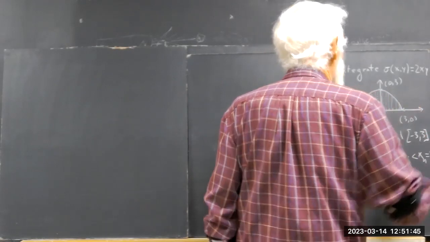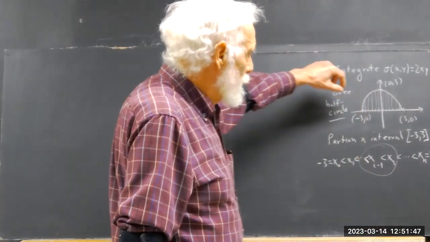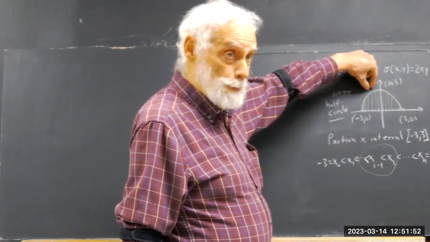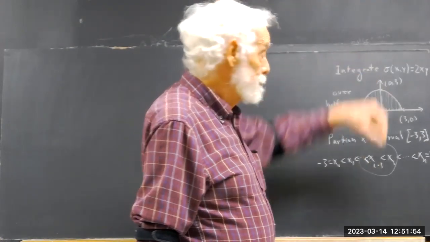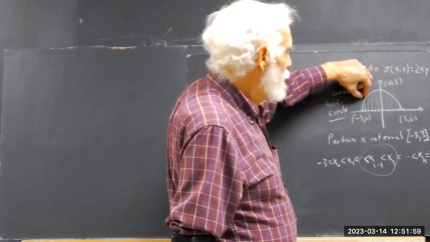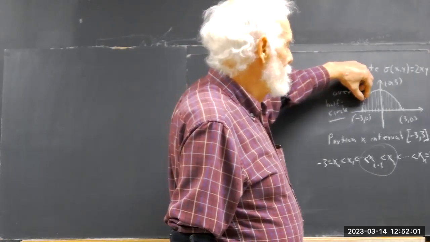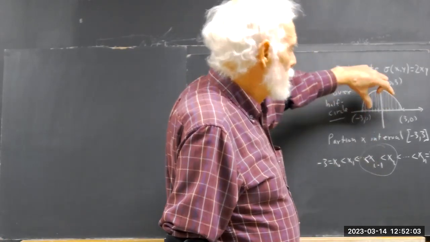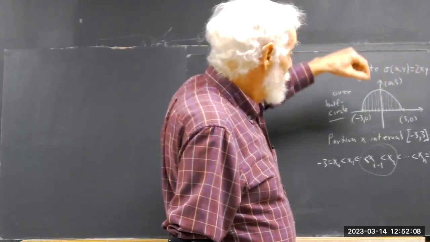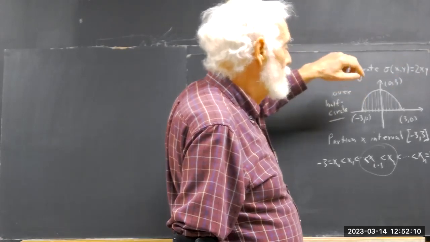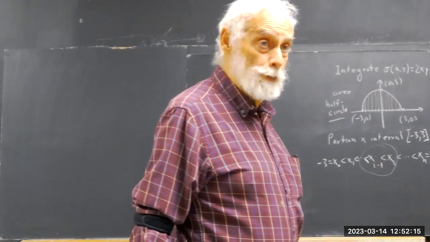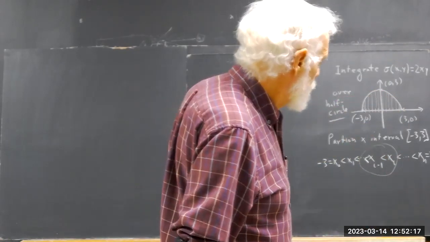We've got a chunk of this stuff. It's not a rectangle anymore. But if the partition is fine enough, if the n is a big enough number, as n gets bigger and bigger, these things more and more closely approximate the actual curve.